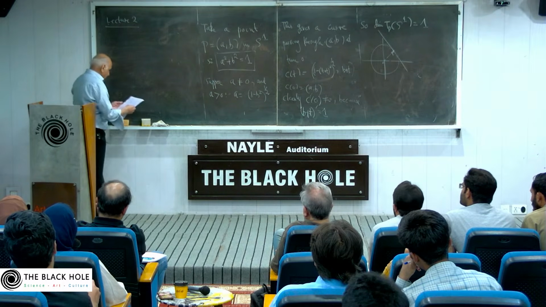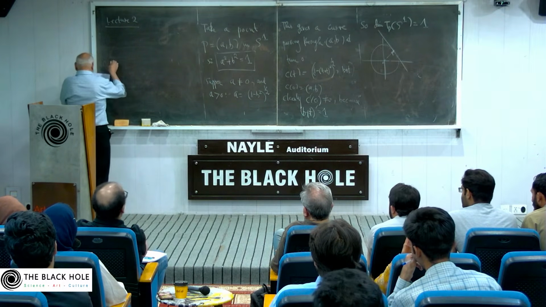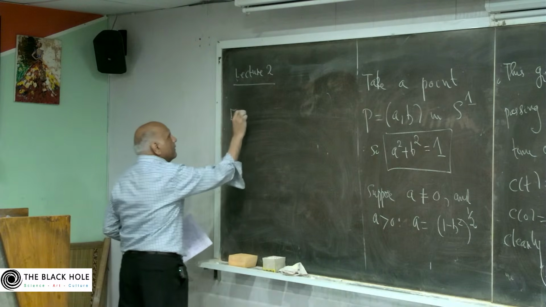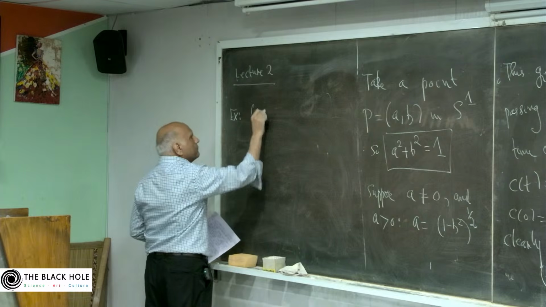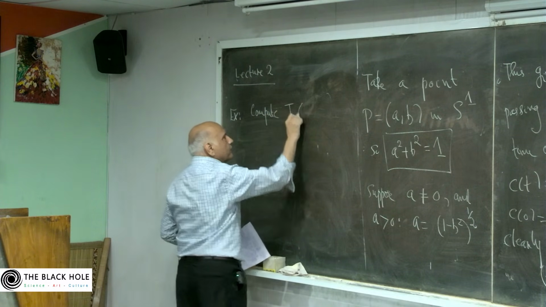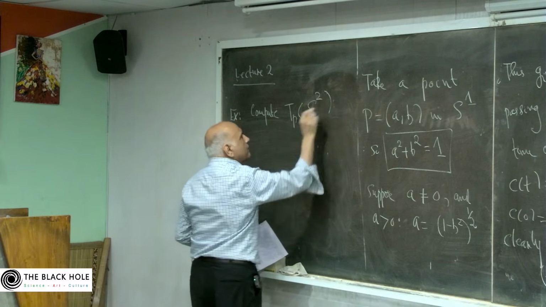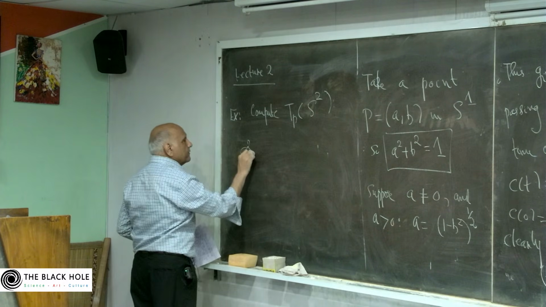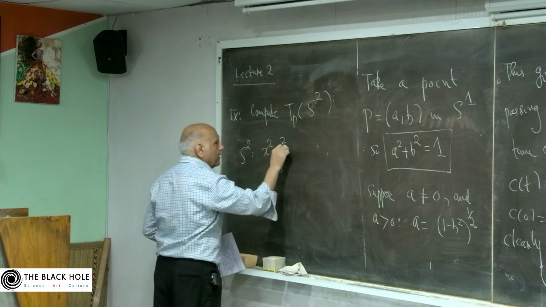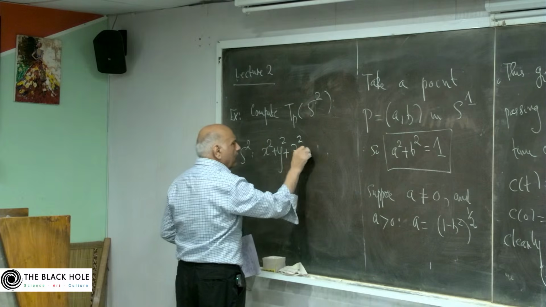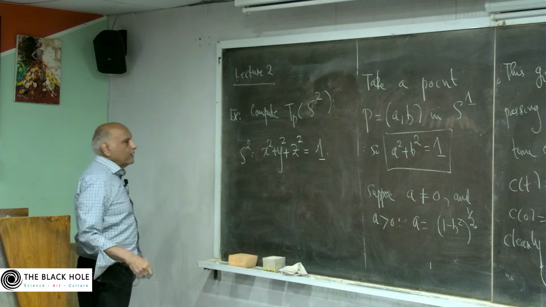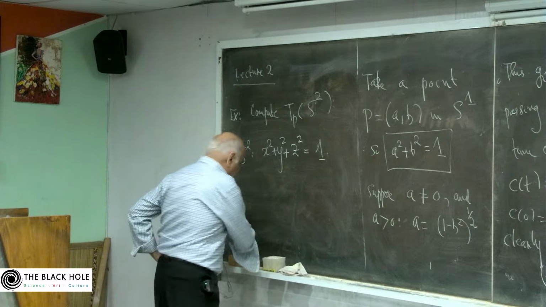Okay. So compute the tangent space at p of S2. S2 is the set of all points such that, I am taking a unit sphere. So this is how the picture looks.